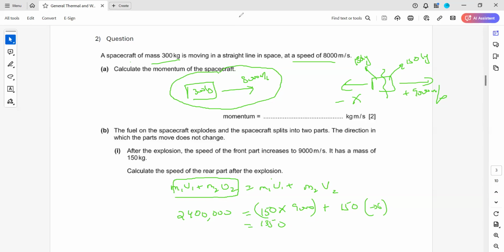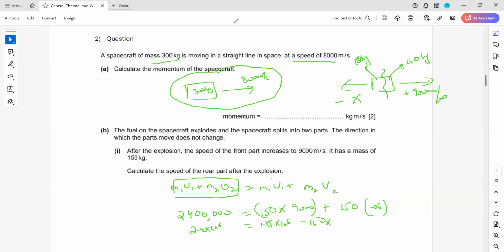I can write it in exponent form because it's a large number. This is minus, because plus minus 150x. And this was 2.4 × 10^6.